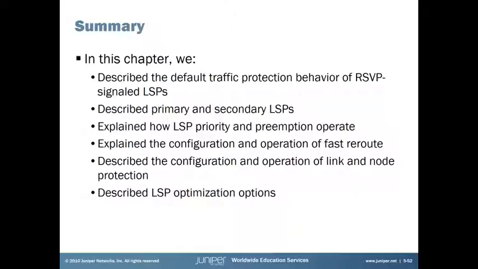If you have many LSPs that you need to protect, fast reroute is not very scalable, because each and every LSP has to calculate its own detour and maintain that state. So it's very resource intensive, whereas with link and node protection, the same bypass path is used by multiple LSPs, so it's far more scalable if you want to protect many LSPs.